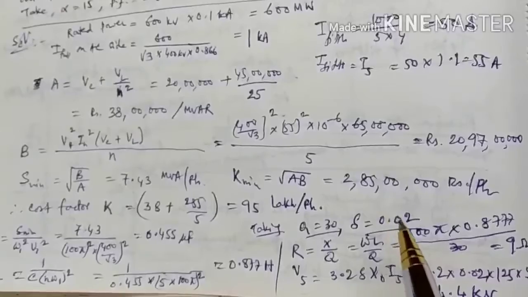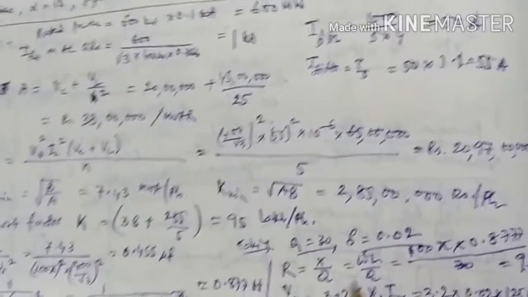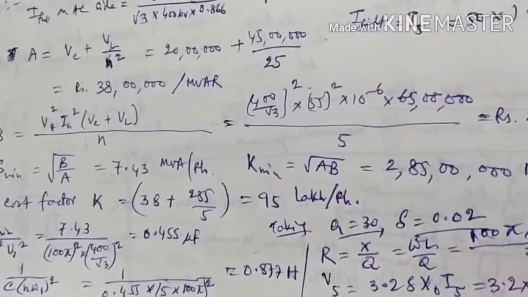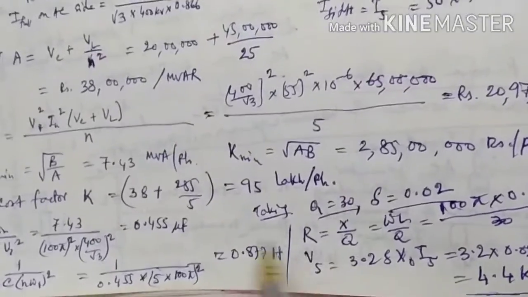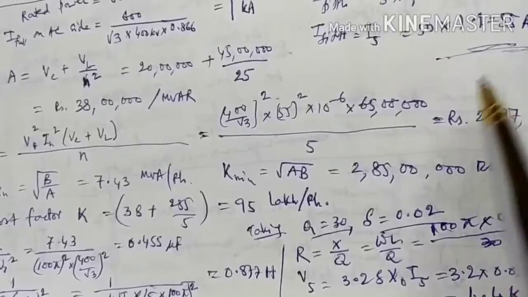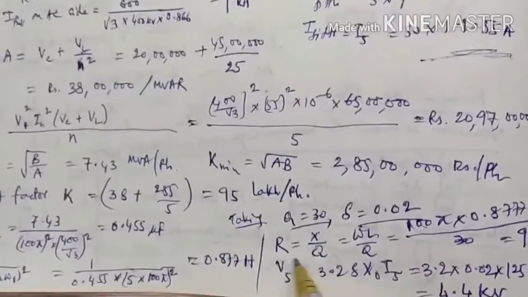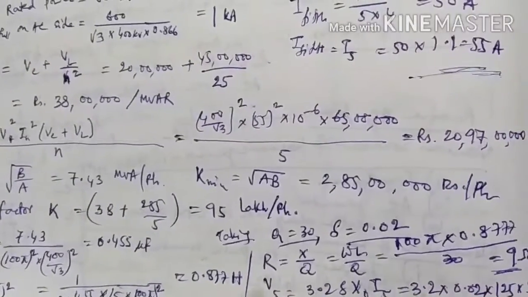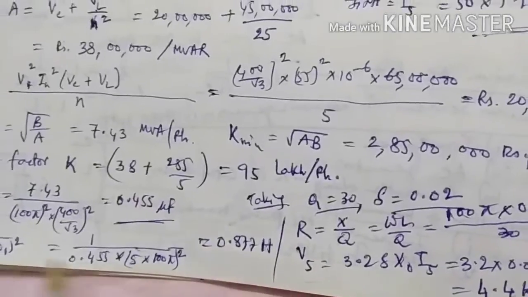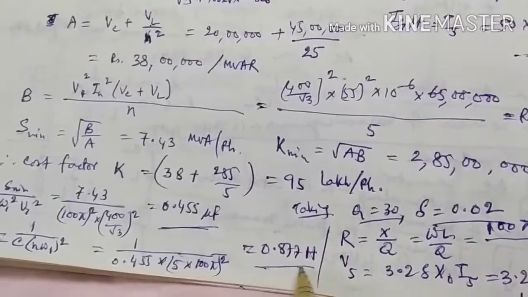So the answer: V5, that is the harmonic voltage, is 4.4 kV, and I5 is 55 ampere. That is for designing the filter, and the value of R is 9 ohm, value of C is 0.455 microfarad, and for L it is 0.877 Henry.